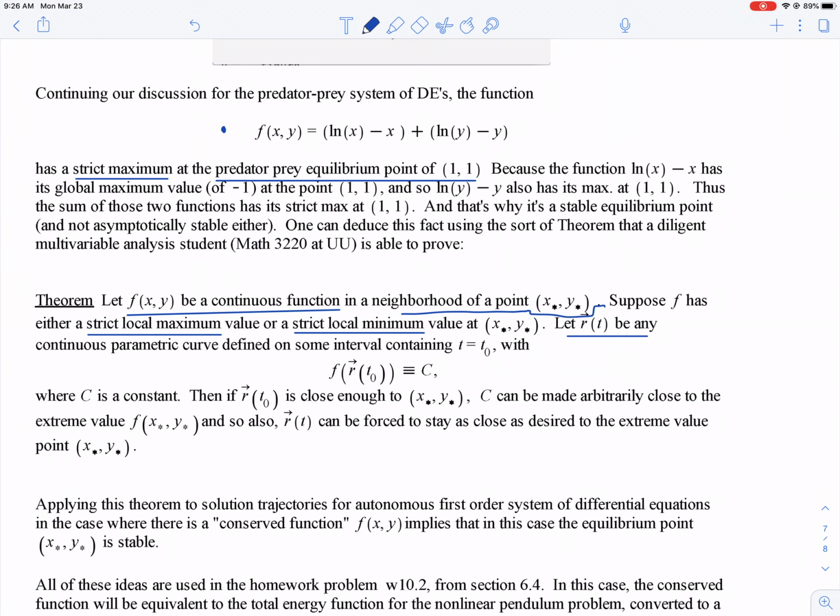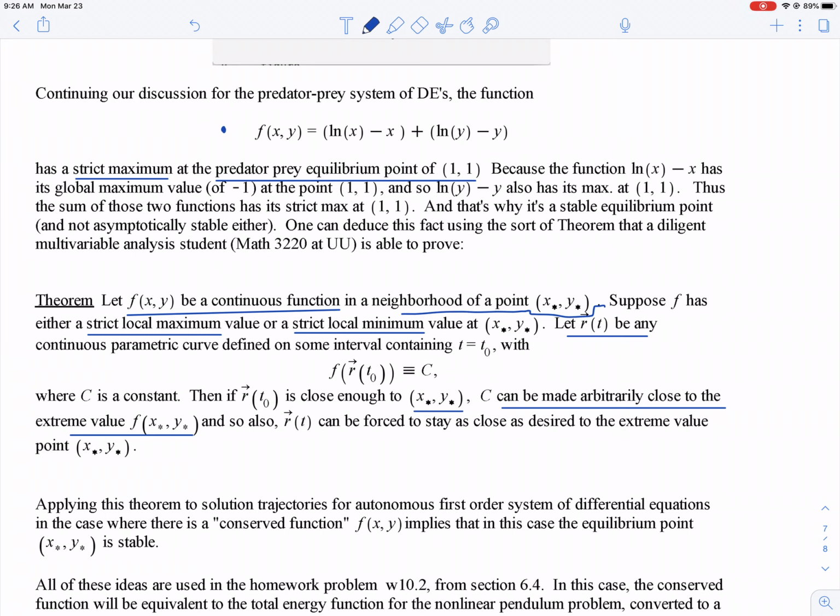Then if you choose R of t naught close enough to the critical point x star y star, well then just by continuity, f of R of t naught is going to be as close to f of x star y star as you want.